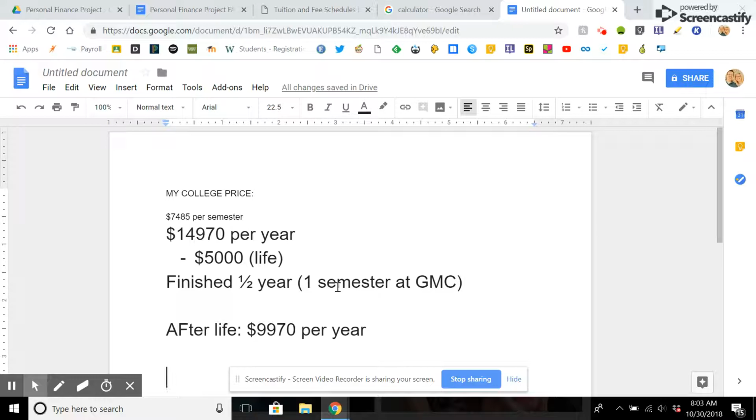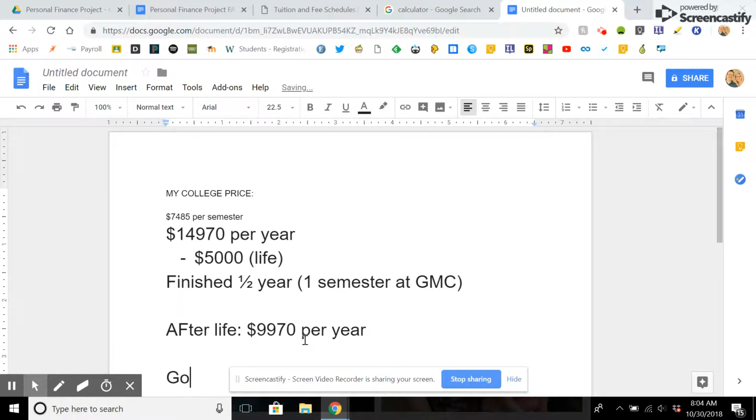Okay, now what's the next calculation? The next calculation is to figure out how much I'm going to spend total in college. Now, most people stay in college for 4 years. We're going to assume the best and assume that I'm going to graduate on time in 4 years. But do I have to take a whole 4 years worth? No, I don't, because I've already finished half of a year at GMC for free. So this means that I can only do this number.